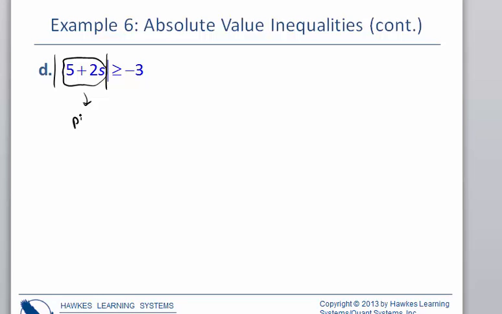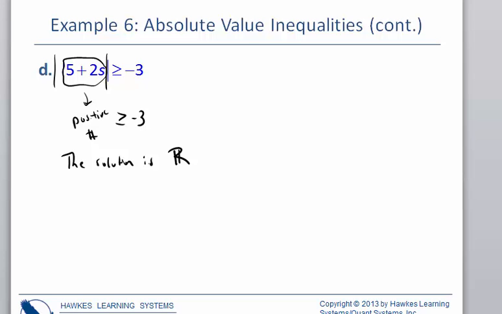When I take the absolute value, it's going to produce a positive number. And what positive numbers are greater than or equal to negative 3? All of them. And so we're going to say that the solution is all real numbers. Or you could say negative to positive infinity, but every s value will make this a true statement.